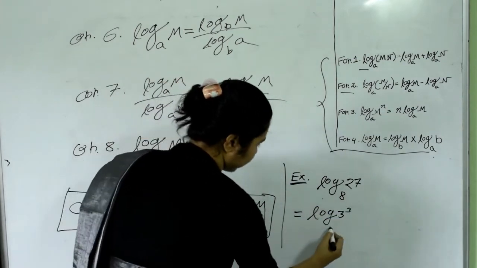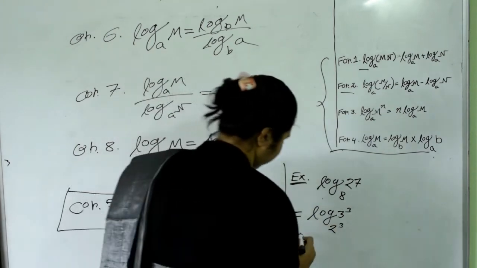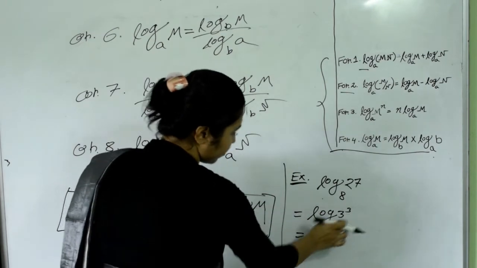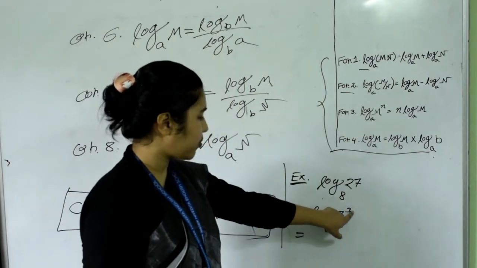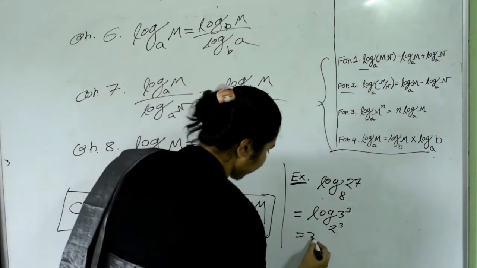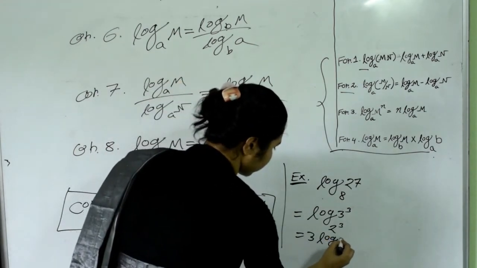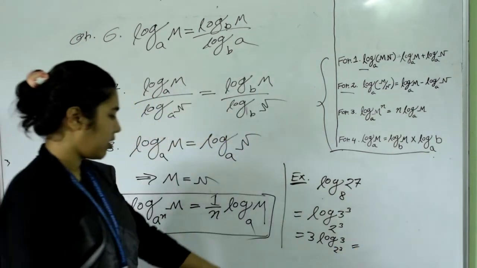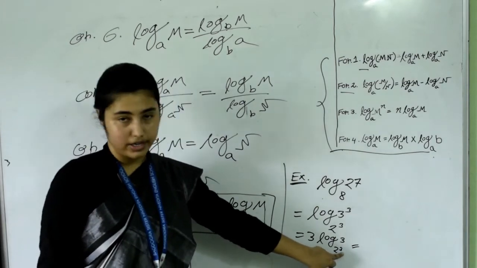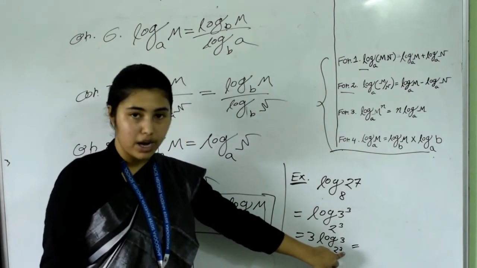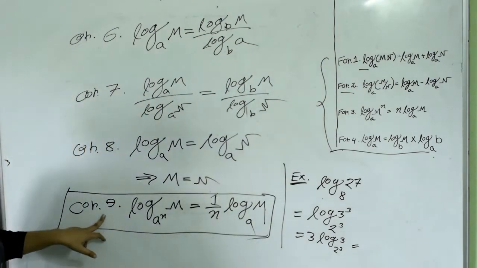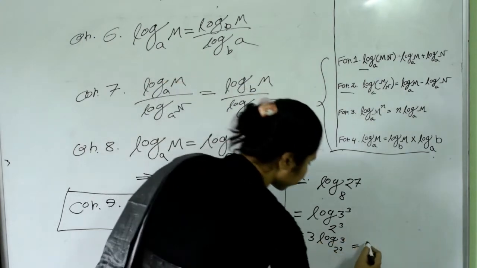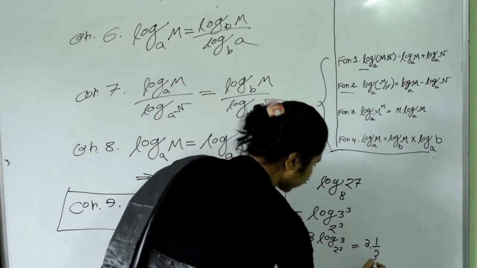And we can write the base as 2 cube. So by formula 3, the power in the value, the power 3, gets multiplied with log 3 base 2 cube. Now look, the power in the base is 2 to the power cube. Where is this power, in the base. So by corollary 9 we can write it as 3, which was already there, so 3 remains, times 1 by 3.